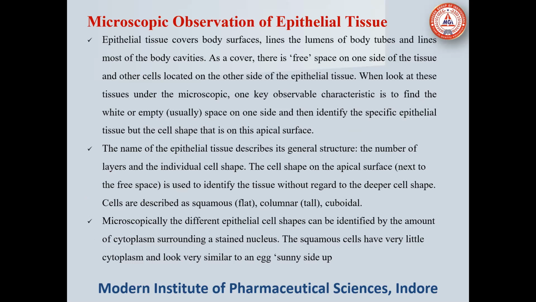Now, first of all, microscopic observation of epithelial tissue. Basically, epithelial tissue covers the body surface, lines the lumens of body tubes, and lines most of the body cavities. As a cover, there is free space on one side of the tissue and other cells located on the other side of the epithelial tissue.